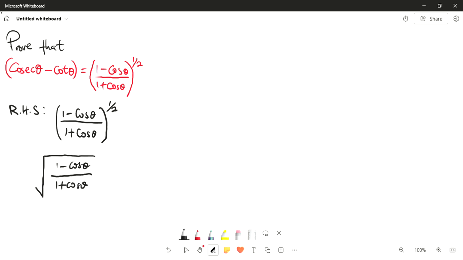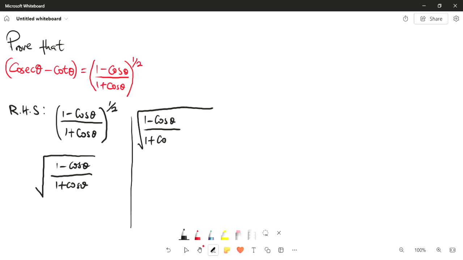Now we're going to continue writing on this side where we say square root. So I'm going to demarcate. I'll say square root of 1 minus cosine of theta over 1 plus cosine of theta.